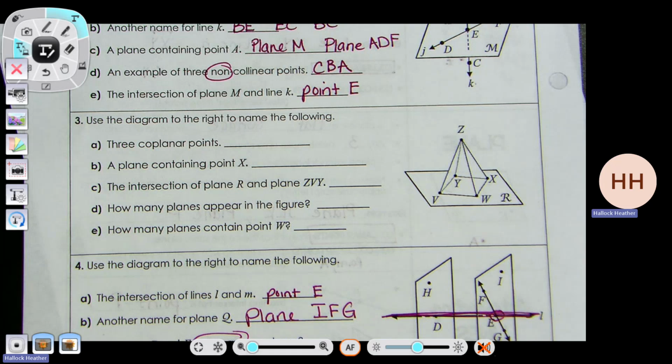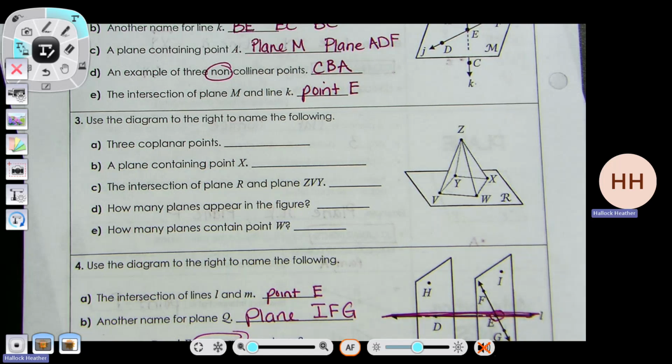Wrong. That's the tricky one. No, it's not 2. I don't know. You're just saying numbers now. Yeah, I am. I don't know. We'll talk about that in a second.